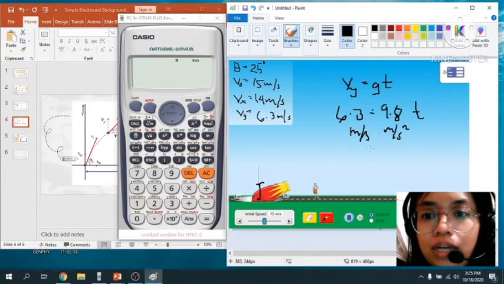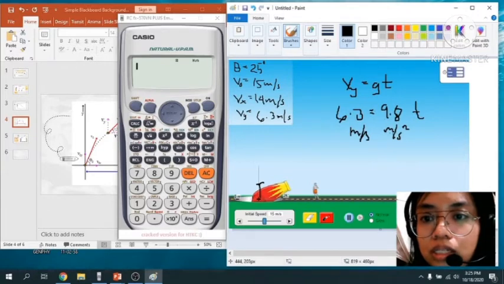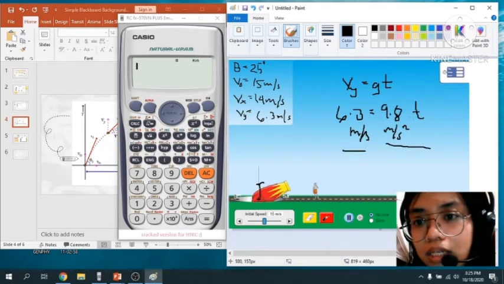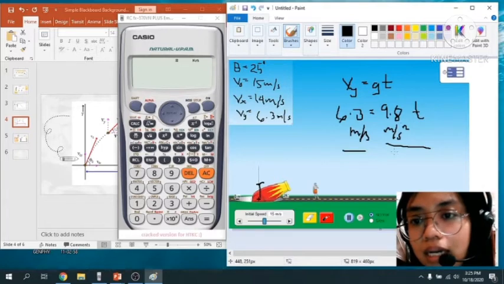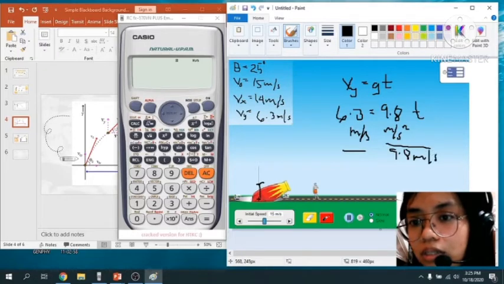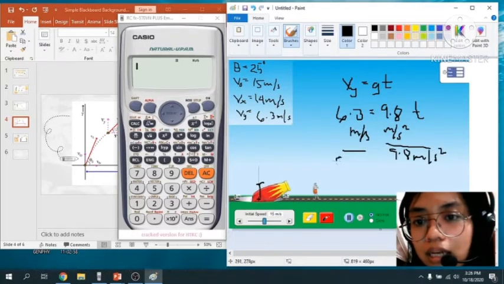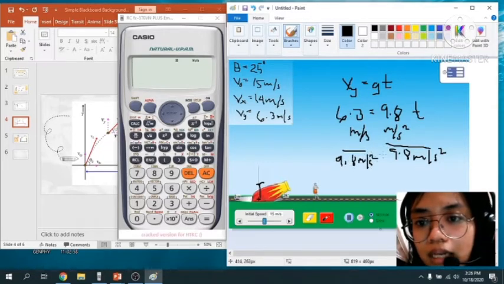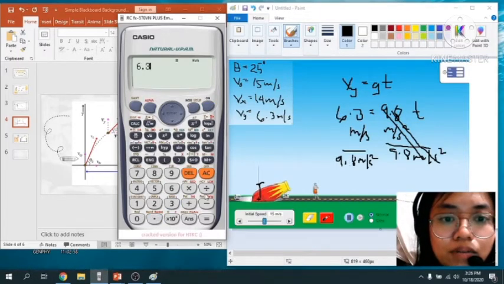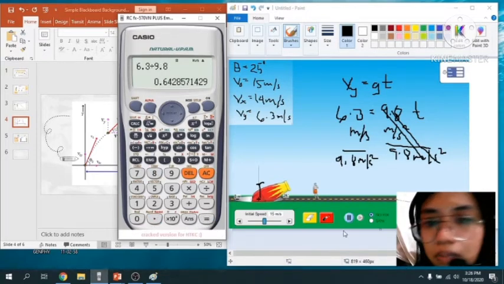Since we don't have the time yet, t for now. We need to cancel the 9.8 beside the time so that only the time is left. So we divide it by itself, and we also do the same on the other side because it is an equation. Now you will get 6.3 divided by 9.8, and the equivalent is 0.